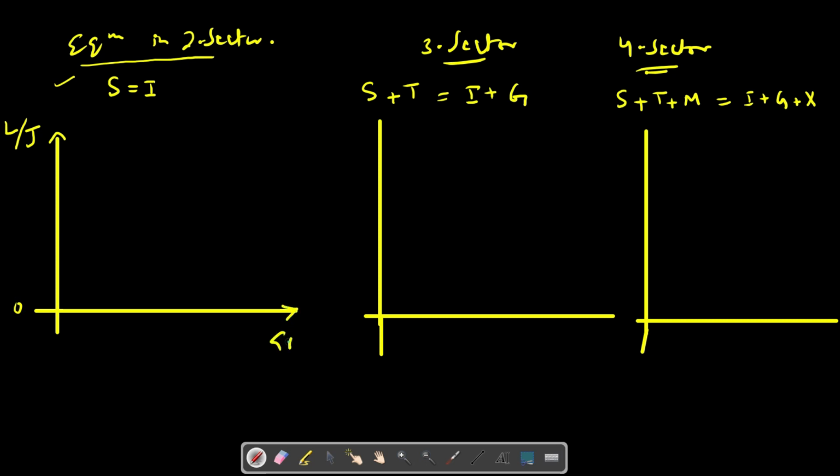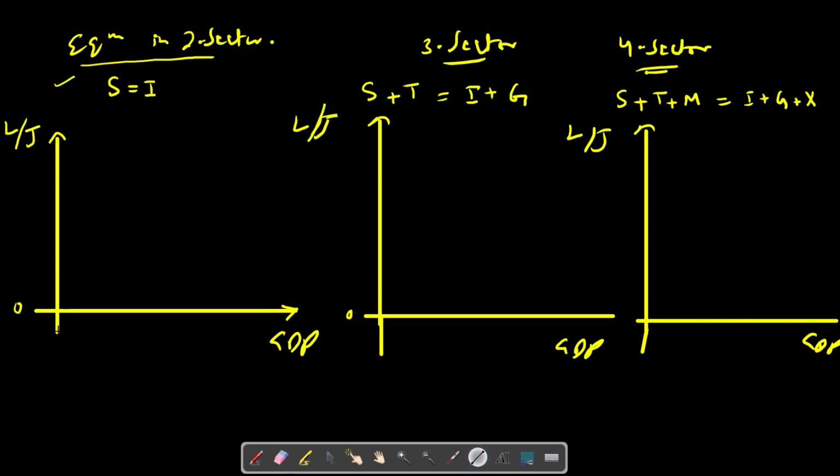On X we have GDP on all these graphs, and on Y we have leakages and injections.